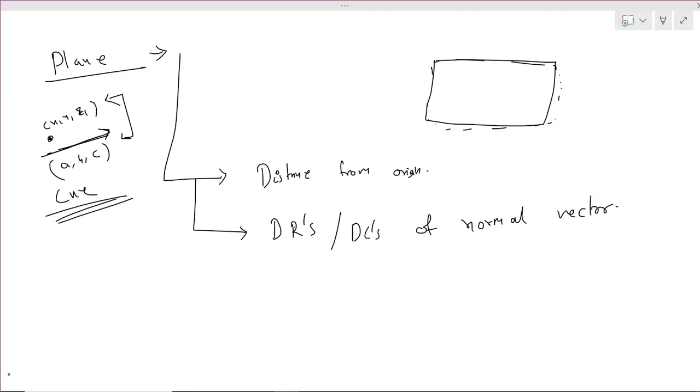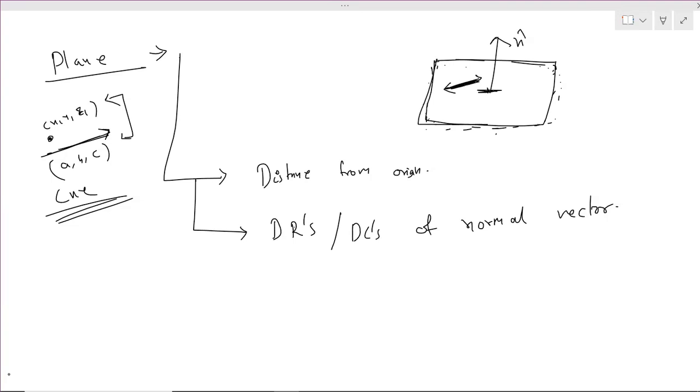Alright. Why so? Remember the definition of plane, then you can solve every question. What is the definition of plane? A plane is a space or the collection of points where the vector joining any 2 points is always perpendicular to a given vector. This given vector is called normal.